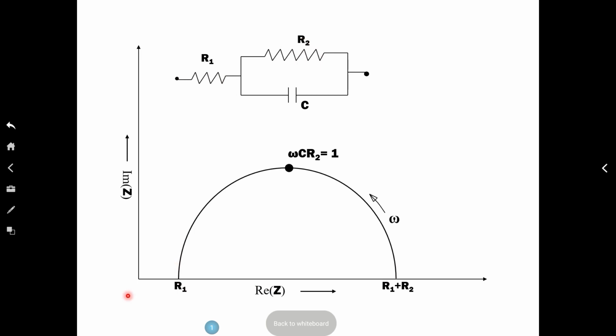So you can see again you're getting R1, R2, and then from the peak frequency, you're going to get C. So the idea is that by doing this Nyquist plot or Bode plot, you want to get a numerical value for almost everything.